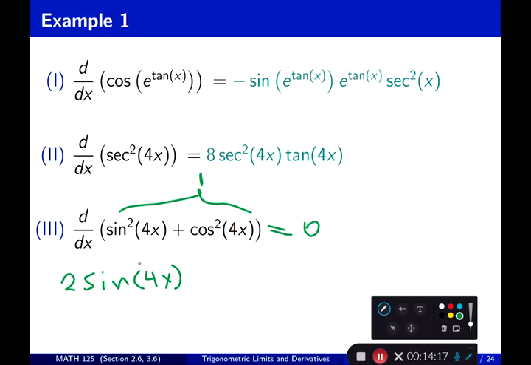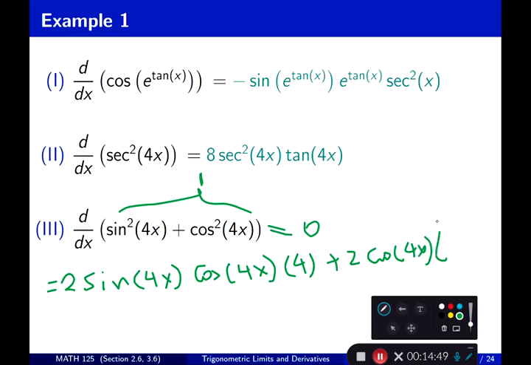Then you take the derivative of the intermediate function, which is sine of 4x, and that would be cosine of 4x. Then the very inside function is 4x, and the same thing is 2 cosine of 4x times negative sine of 4x times another 4, which makes it 8.